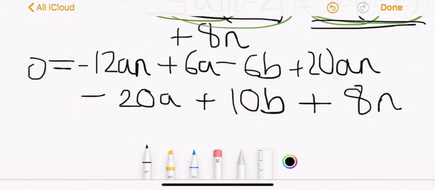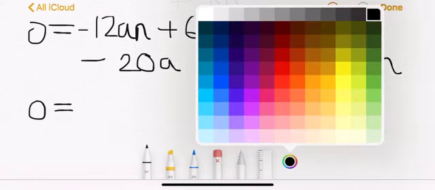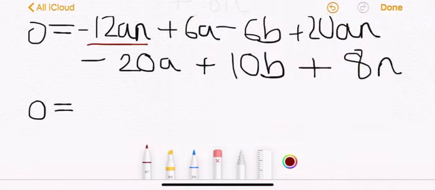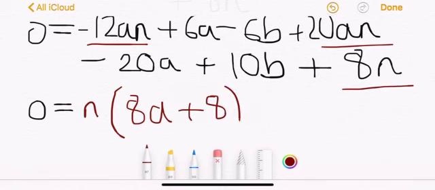Well, we can now group like terms. So 0 equals, and let's take the n stuff. The stuff with an n in it, we've got here, here, and here. So we take a factor of n, and we get 20a minus 12a, which is 8a, plus 8.